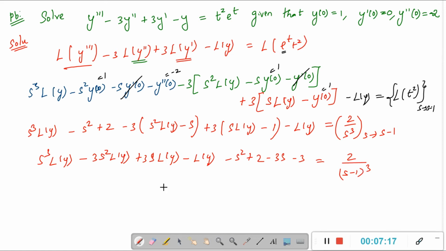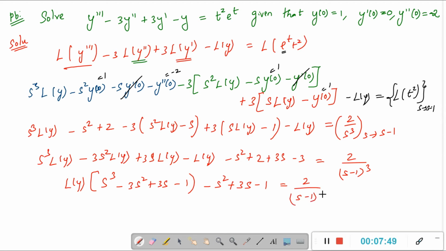Next, from the first 4 terms L of y is a common term I have taken. The remaining terms I am going to write: s power 3 minus 3s square plus 3s minus 1, minus s square minus 3s. Minus of minus is going to be plus 3s minus 1, equal to 2 by s minus 1 whole power 3.